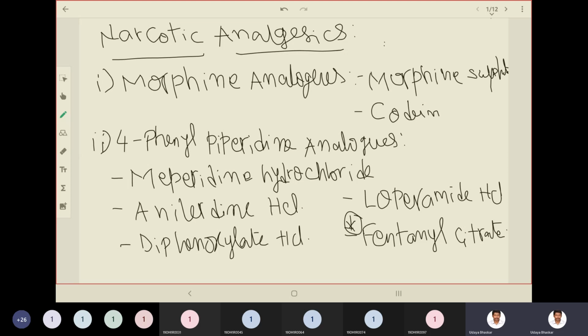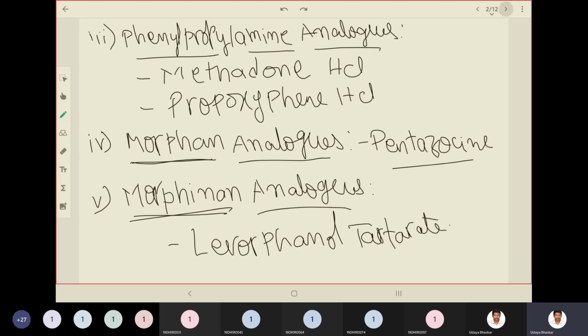Examples include meperidine hydrochloride, anileridine hydrochloride, diphenoxylate hydrochloride, loperamide hydrochloride, and fentanyl citrate. Then phenylpropylamine analogs: methadone hydrochloride, propoxyphene hydrochloride. Morphinan analogs include pentazocine. Morphinan analogs include levorphanol tartrate.